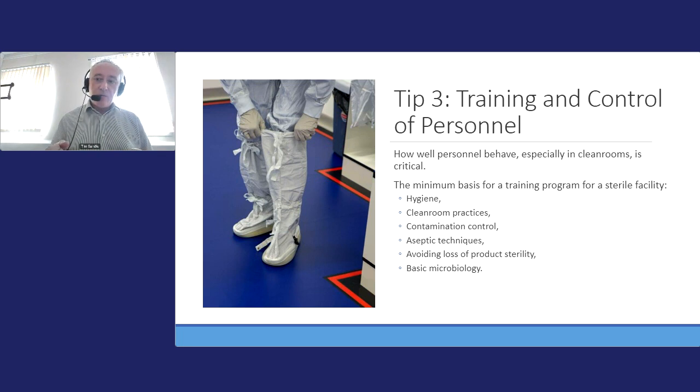And helping them through learning some of the different ways of working, because these are very alien concepts if someone's worked in a very different industry. So the number of times somebody would need to practice gowning going into an aseptic area for the first time is probably quite high. I would say at least 10 times just to get this right so that the gown doesn't touch the floor, for example. And there's a number of things that really need careful attention.